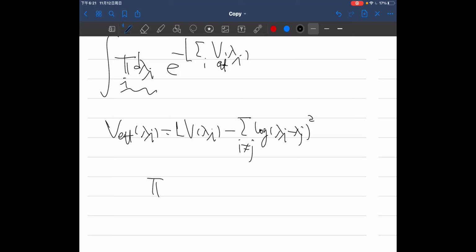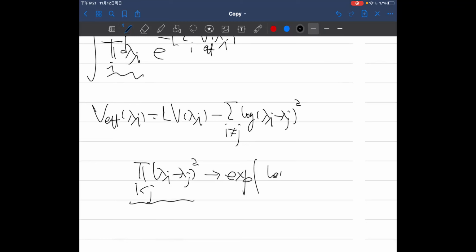I'm very puzzled. In the original form, we have lambda_i minus lambda_j squared, i less than j. Then we can write this as an exponent. It should be log (lambda_i minus lambda_j) squared, the sum over i less than j. So why do we reach this expression?